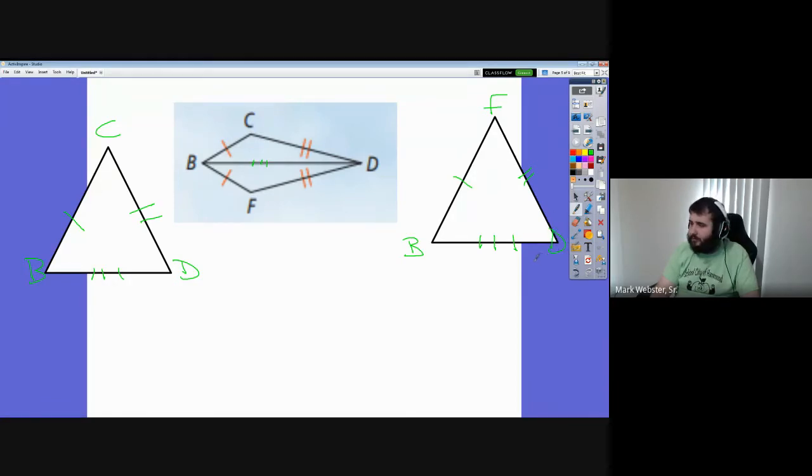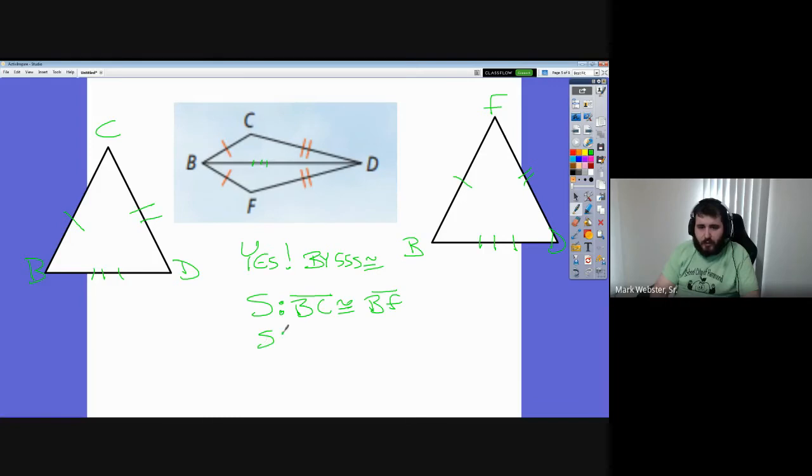Right? So now I look and I say, all right, well, are they congruent? Right, they are. Same thing, right? Yes. Why? By side, side, side congruence. And how do I know? Well, what's my one pair? BC is congruent to BF.